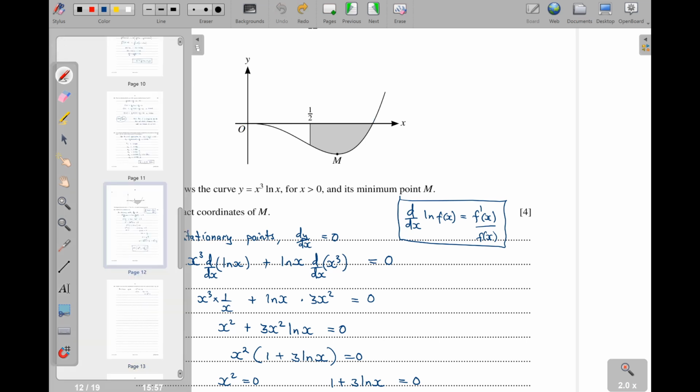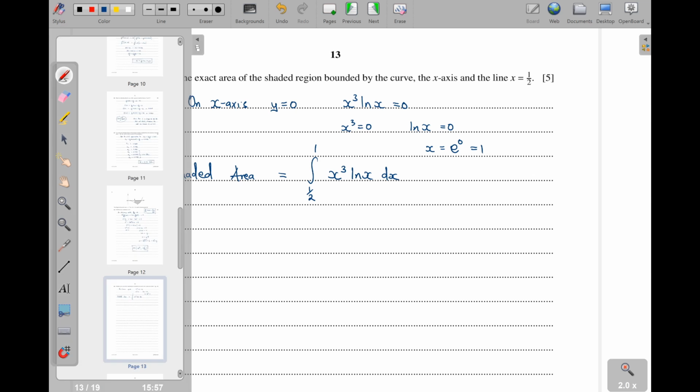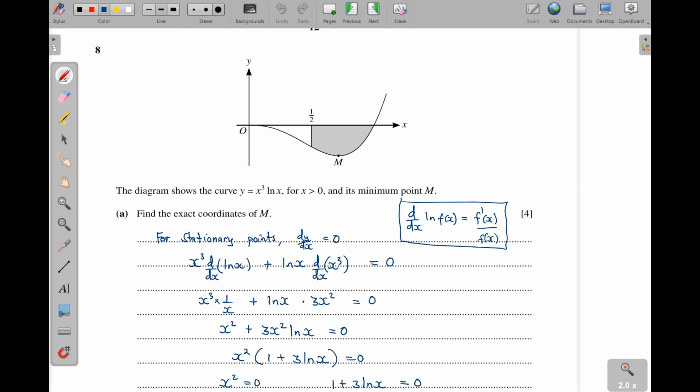So we shall now say that the shaded area is going to be equal to the integral from a half to 1 of x cubed natural log of x dx. But then you realize that this area here is below the x-axis.